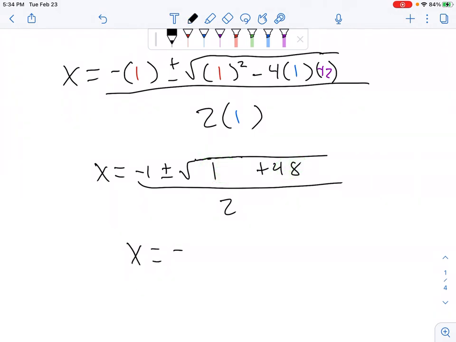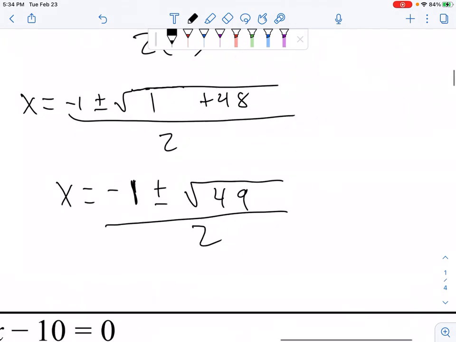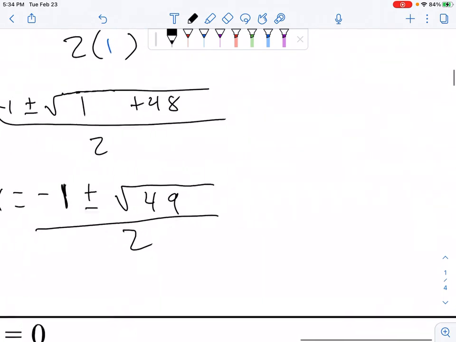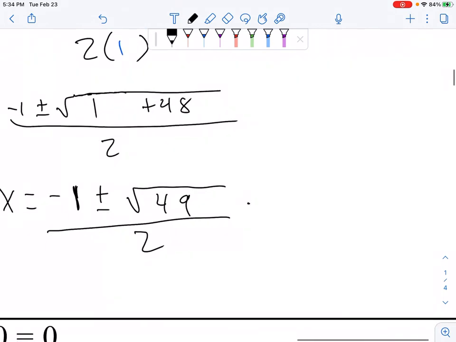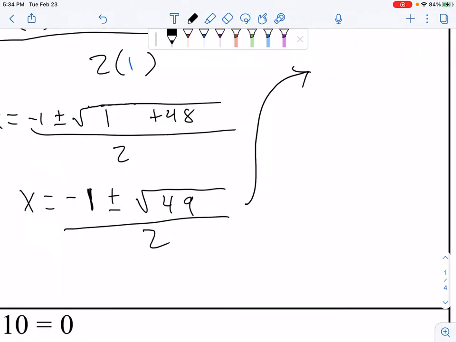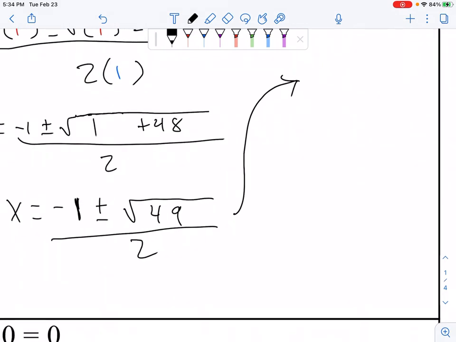X equals negative 1 plus or minus the square root of 49 over 2. And I'm going to move a little bit further over my box just so I have room to work. So the square root of 49 is 7. So now I'm working with x equals negative 1 plus or minus 7 divided by 2.